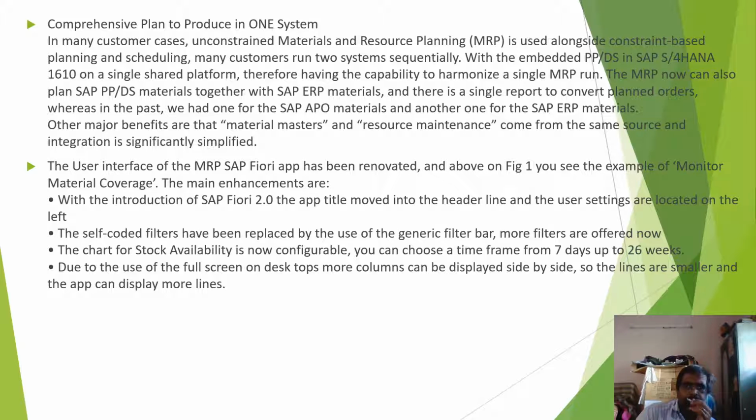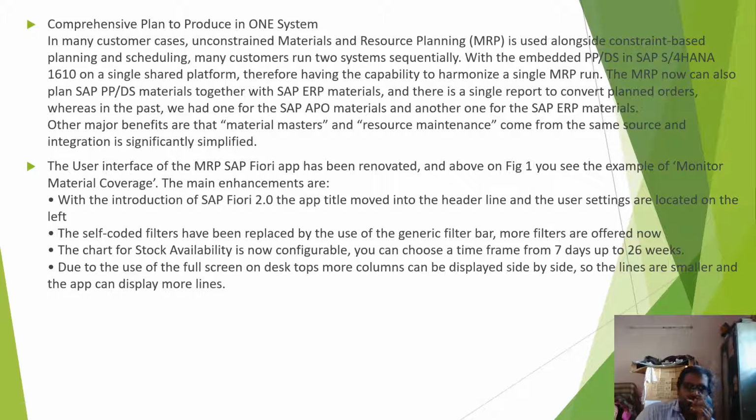The MRP can now also plan SAP PP/DS materials together with SAP ERP materials, and there is a single report to convert the planned orders, whereas in the past we had one for SAP APO materials and another one for SAP ERP materials. Another major benefit is that material masters and resource maintenance come from the same source, so integration is significantly simplified.